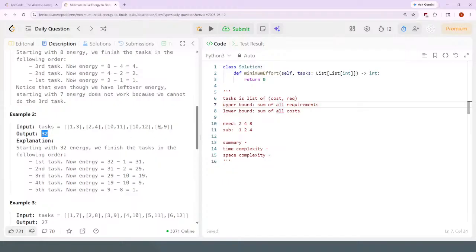You did 8, 9 first, then you take 8 away, so you have 24 energy.